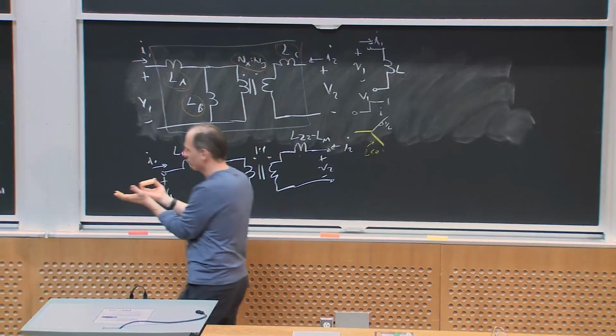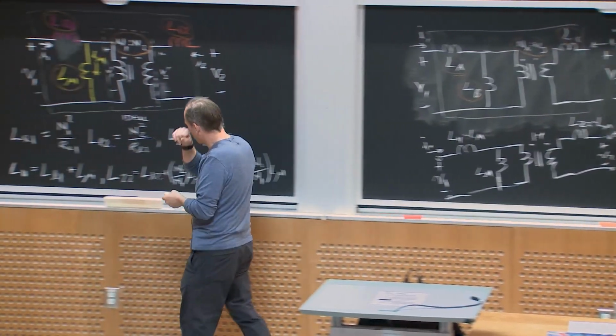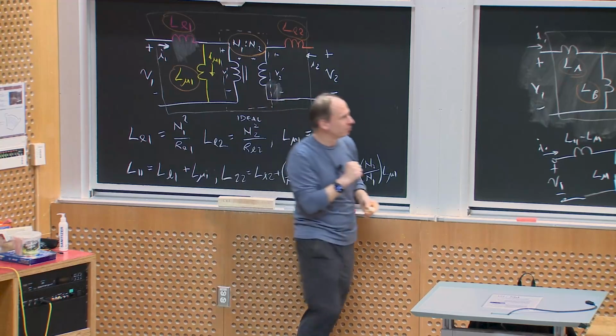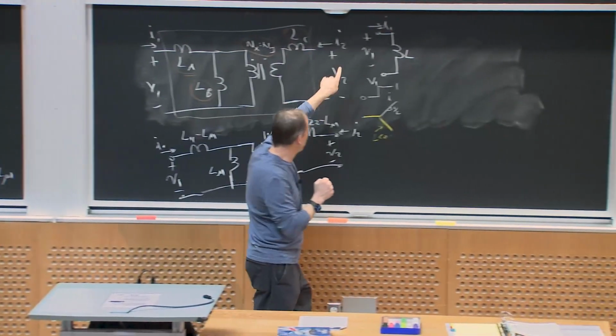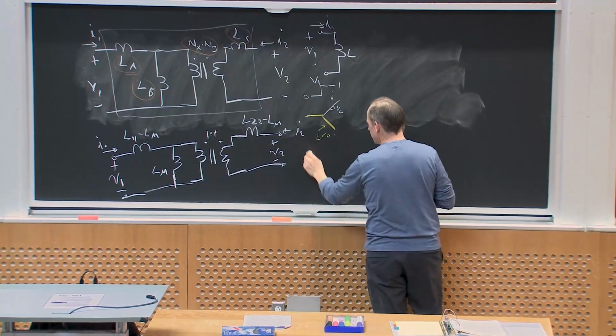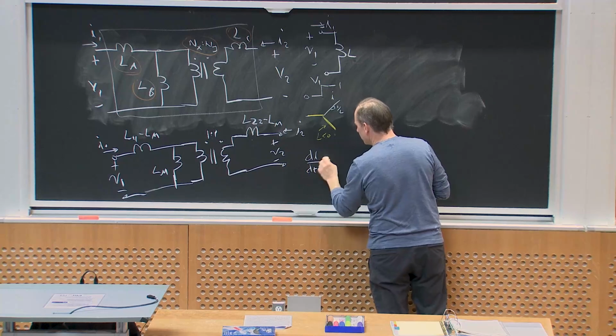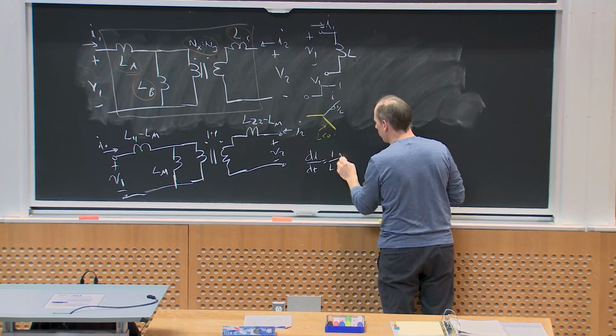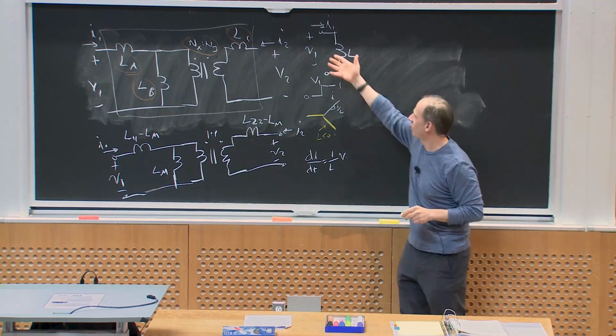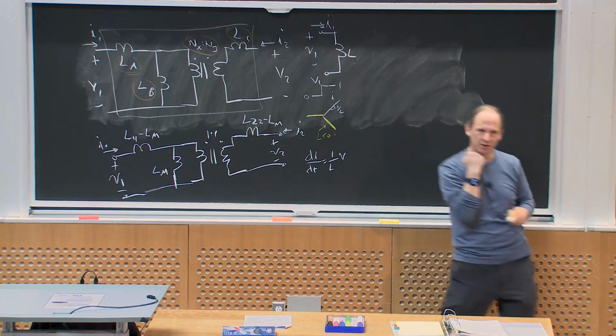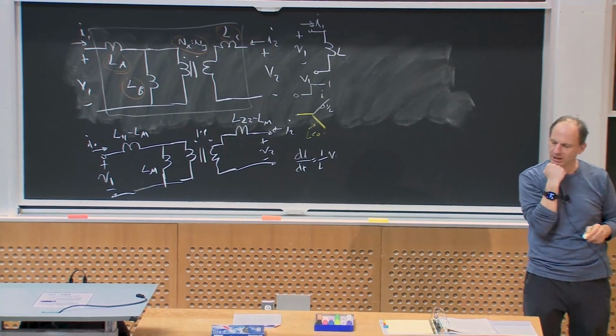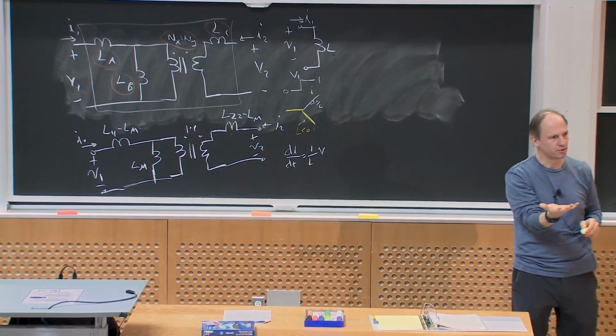Well, what could I say about my transformer parameters? You can make a similar argument, right? Because what I really did here was I said di/dt is equal to 1 over L times V. That's the argument I just made about my single terminal inductor. Okay? What could I say about my inductance matrix?